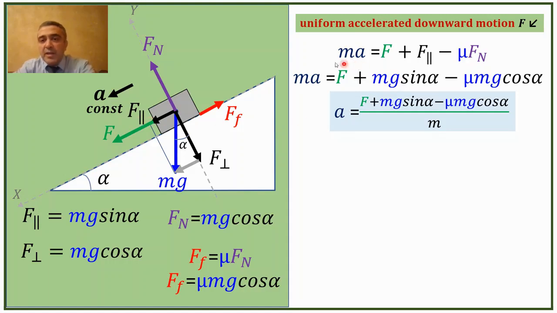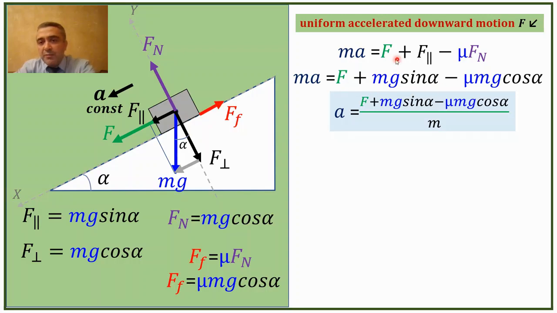From here, if we apply Newton's second law, ma equals force plus force parallel, because both of them are in the downward direction and in the direction of the x-axis, so it's a plus. And minus the friction force, because the direction of the friction force is opposite to the x-axis, so it is a minus.